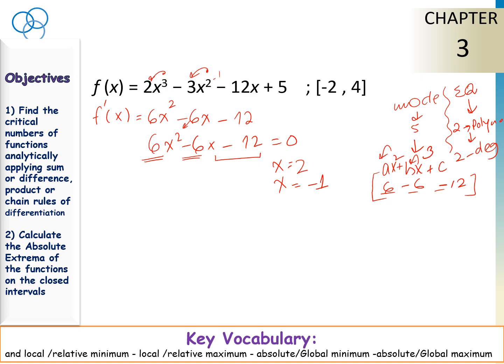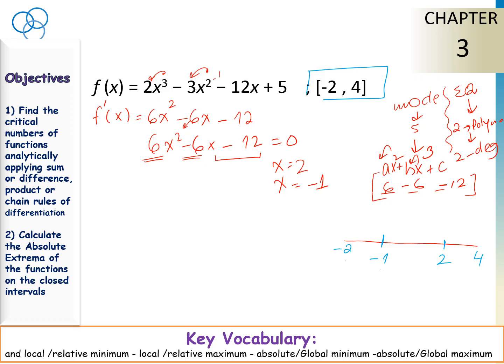Now to find the absolute maximum or absolute minimum, you have the 4 points. Now look at the closed interval. The closed interval starts from negative 2, the ending point is 4, and this 2 is inside the closed interval, and the negative 1 is also inside the closed interval.